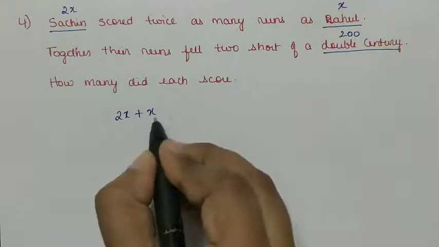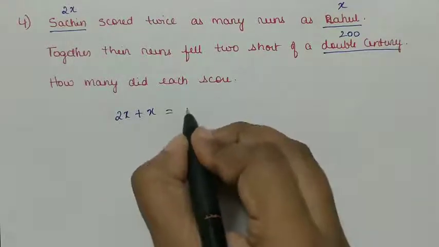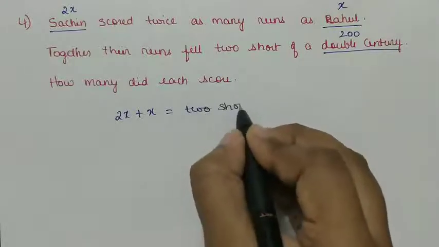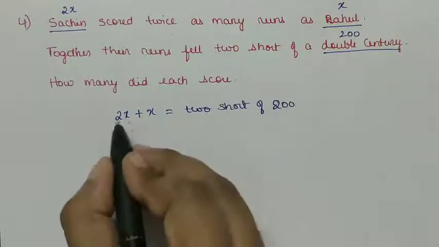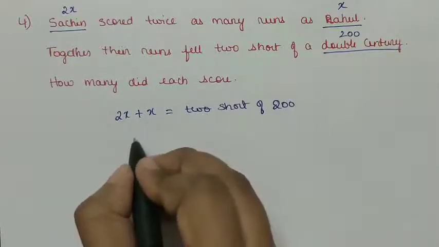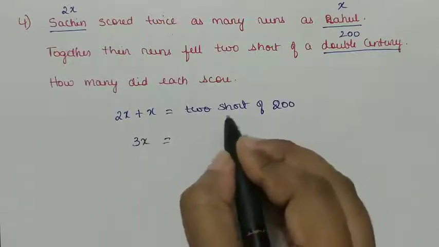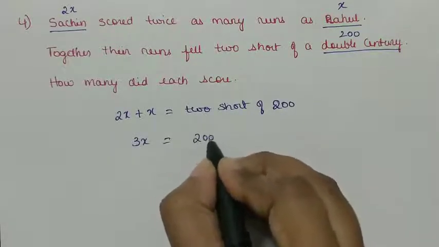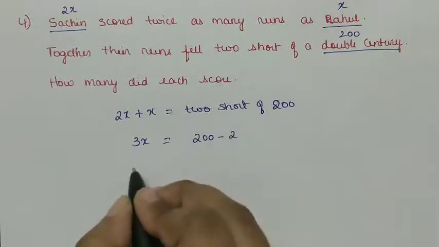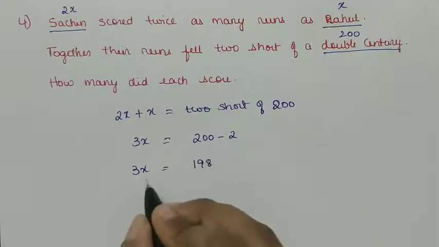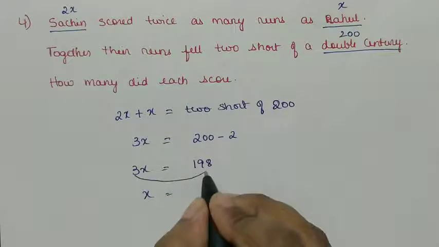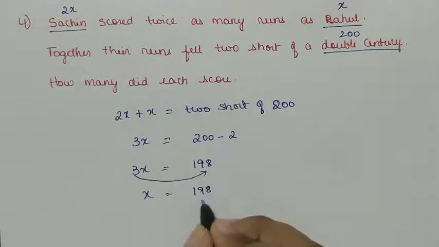Sachin's score plus Rahul's score is equal to 2 short of 200. 2x plus x, like terms, so 3x is equal to 2 short of 200. 200 minus 2. 3x is equal to 198. Therefore, x equal to, transpose 3 to RHS, 198 divided by 3. X equal to 66.